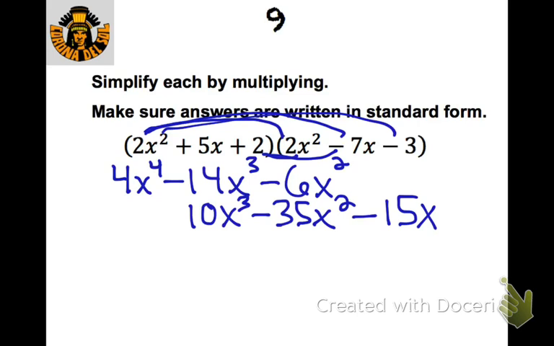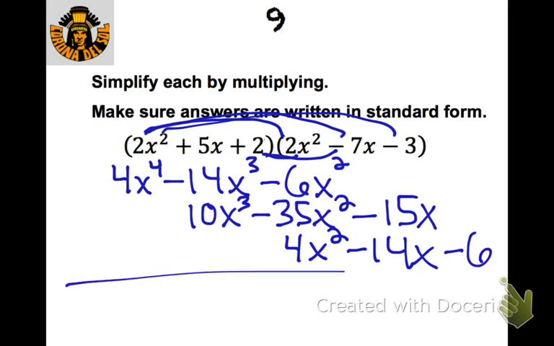So the first one's going to be 4x squared. I'm going to put it directly underneath the other x squareds. Then 2 times negative 7x, so that's minus 14x. And then 2 times the negative 3, so that's minus 6. Put a big old bar there and start combining your like terms. So 4x to the 4th, it's going to be minus 4x cubed.